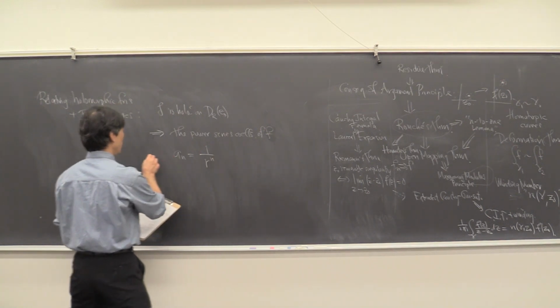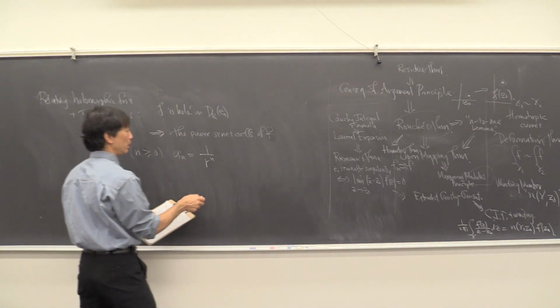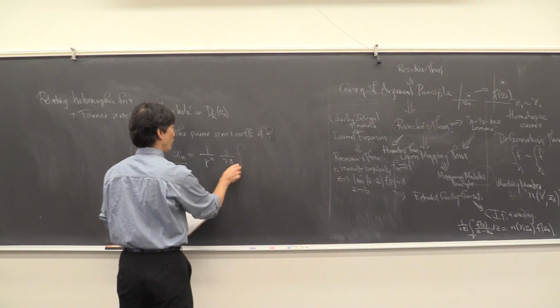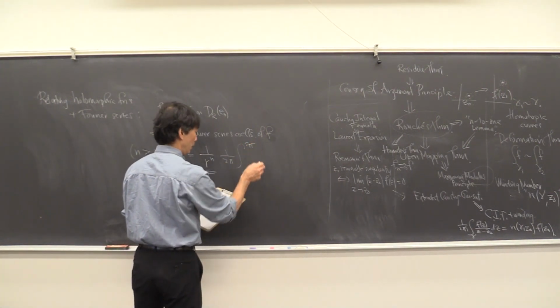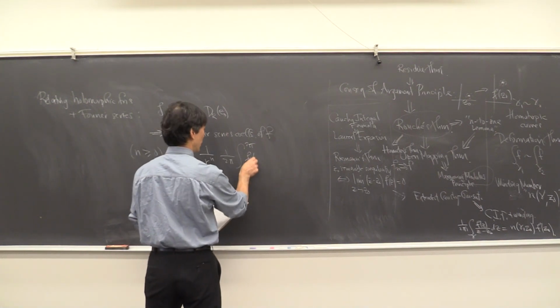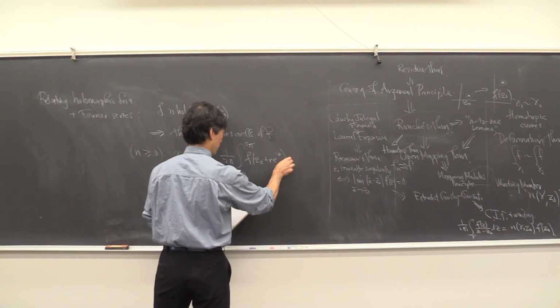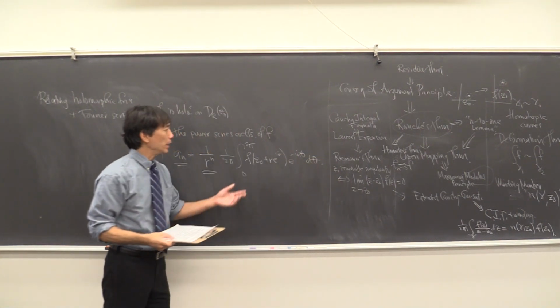So a sub n for n bigger than or equal to 0, the power series coefficients are 1 over r to the n times the Fourier coefficients of f.